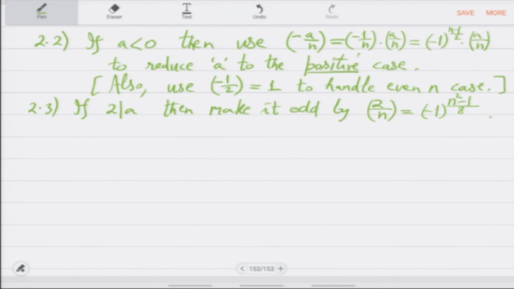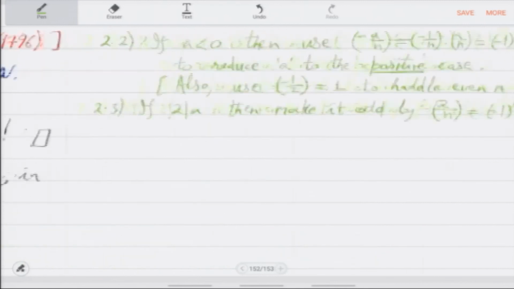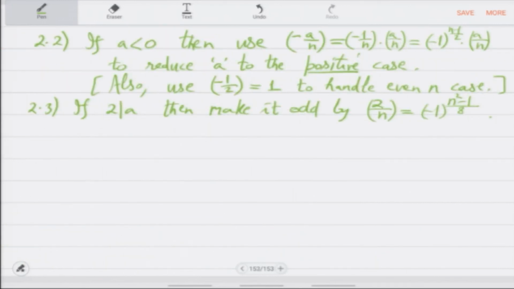So this allows 2 to be taken out. Again, n can be assumed to be odd, and then for 2 by n you can use the property that it's minus 1 to the n square minus 1 by 8. So we have made a odd.